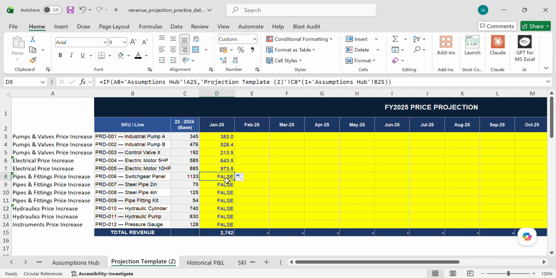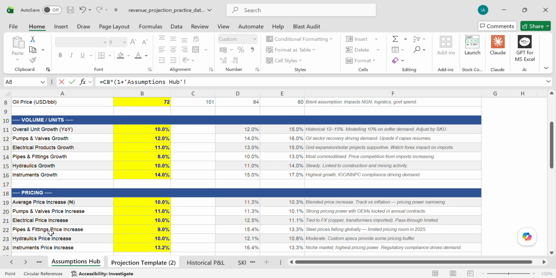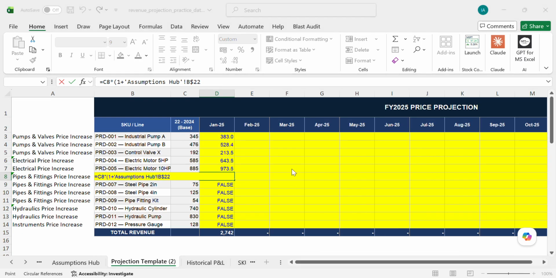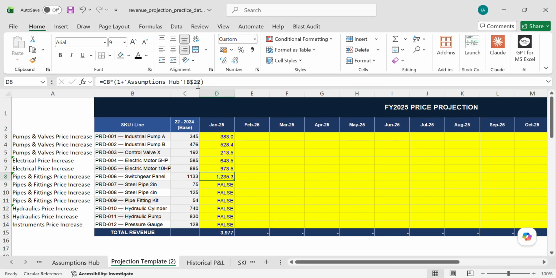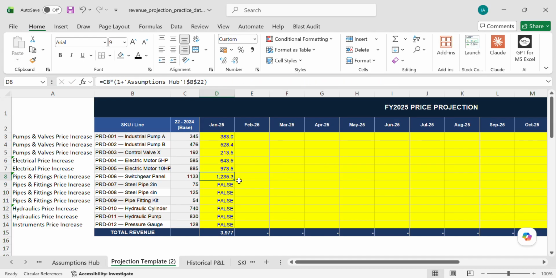So the next one is this times 1 plus pipes. Pipes fittings, 9%. That's the new price goods we're using. Right, so you can drag this one down to get to this box, right?